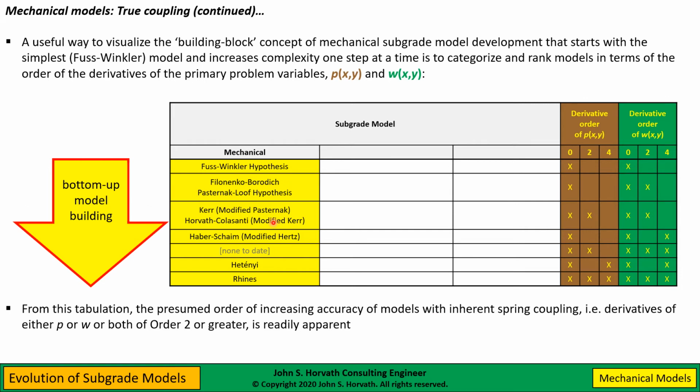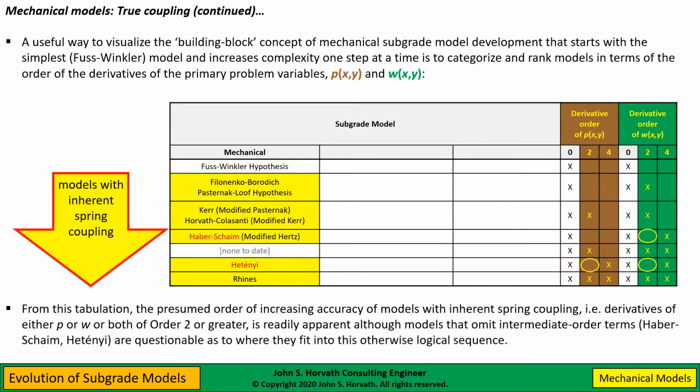And we see that the higher you go with the more terms, the more accurate the model. Although one does have to question the Habersham and Hetényi models, which neglected intermediate elements.